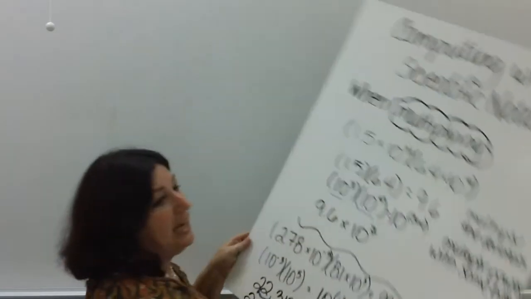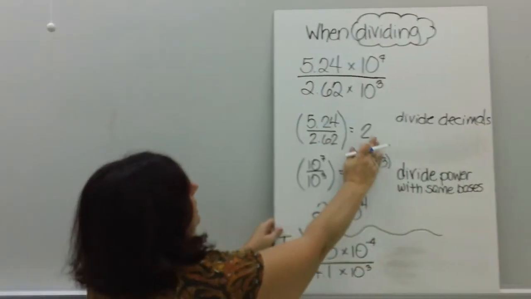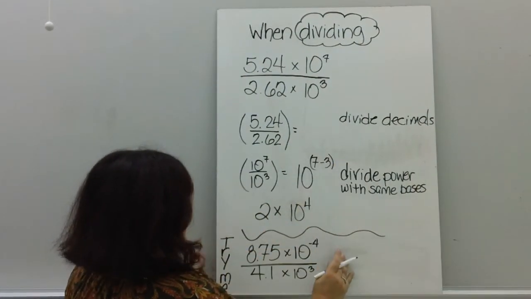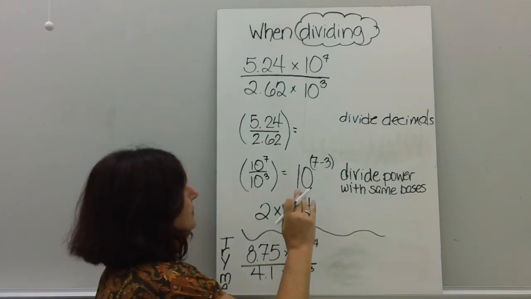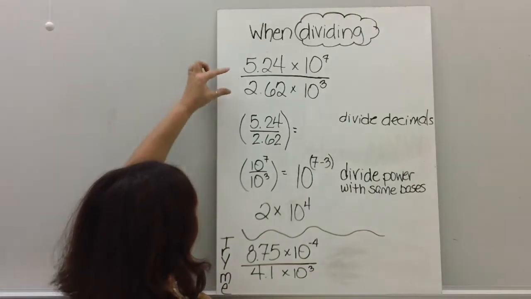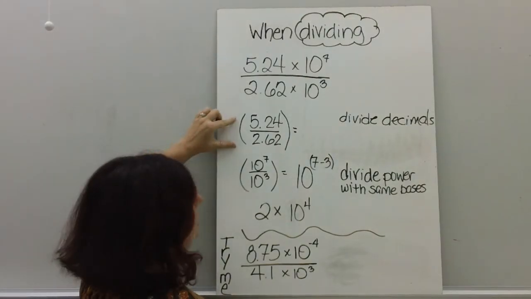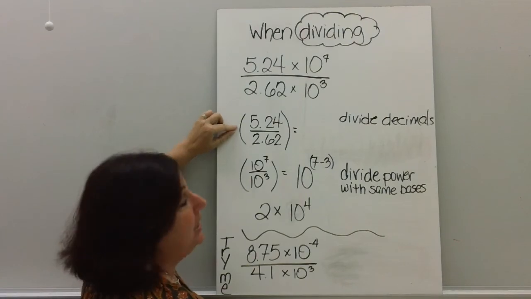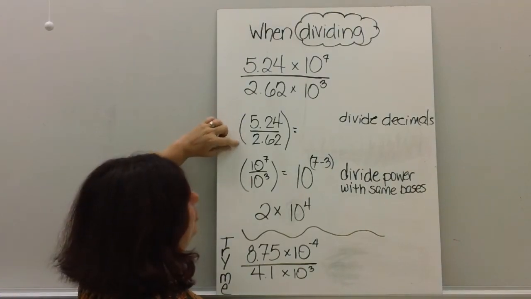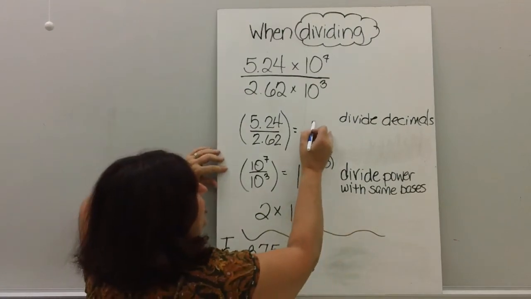And the last slide is on dividing. Go ahead and take a second and copy this down. Okay, when I'm dividing, I'm going to follow the same procedure. Divide my decimal numbers. 5.24 divided by 2.62 equals 2.